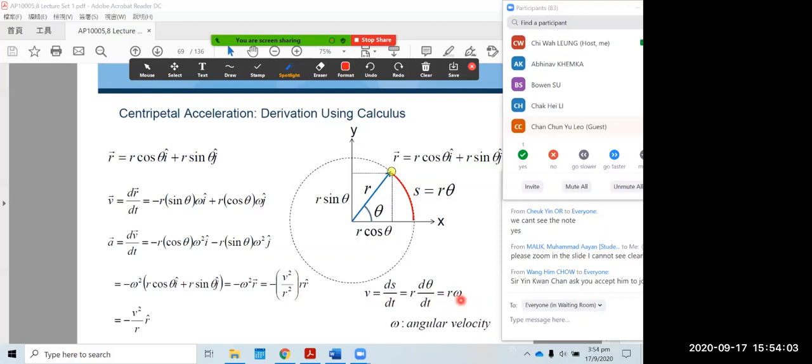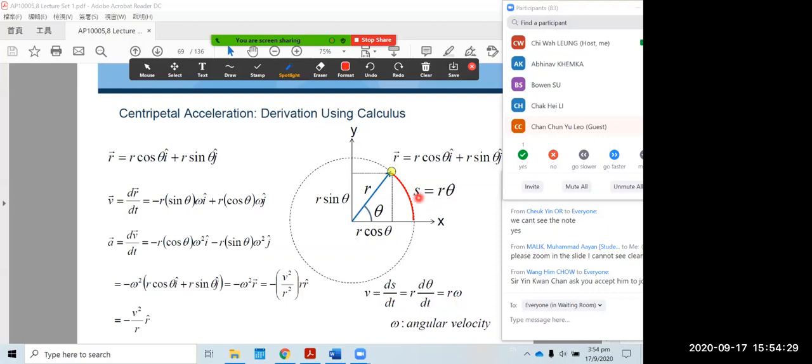Omega is basically how quickly the angle increases or decreases with respect to time. And v is how quickly the linear motion has taken place with respect to time. They are related to one another by the equation v is equal to r times omega.